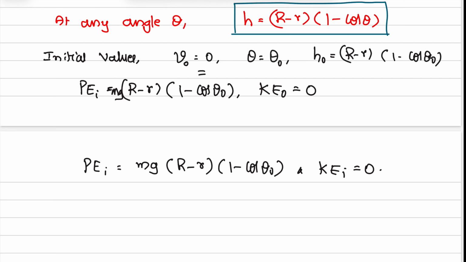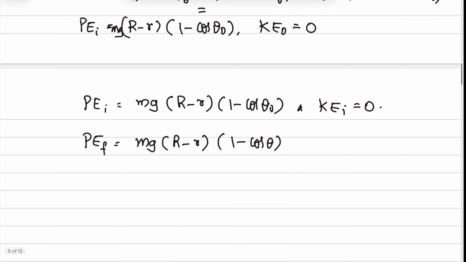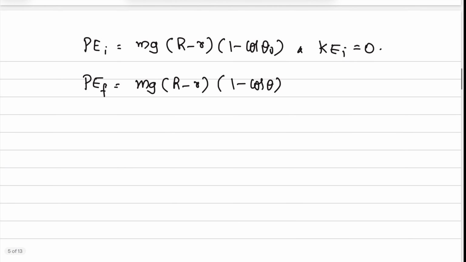What is the final potential energy? Final potential energy is equal to, at angle theta, mg into (R minus r) into (1 minus cos theta).